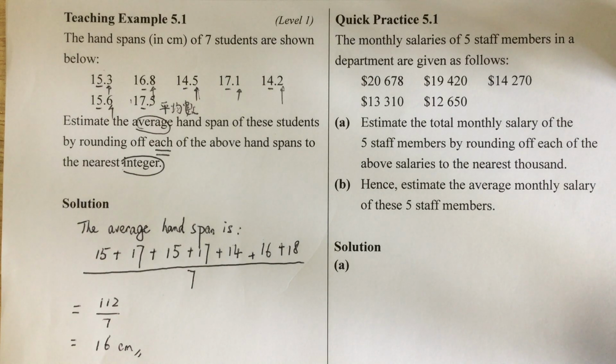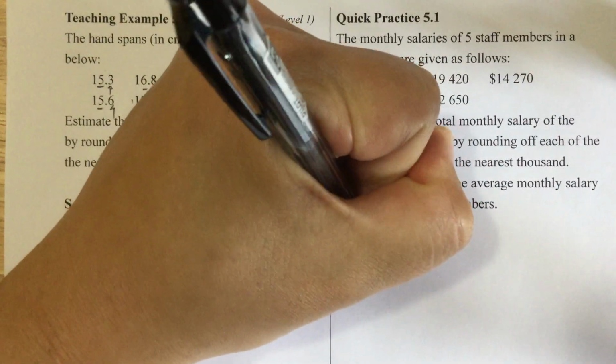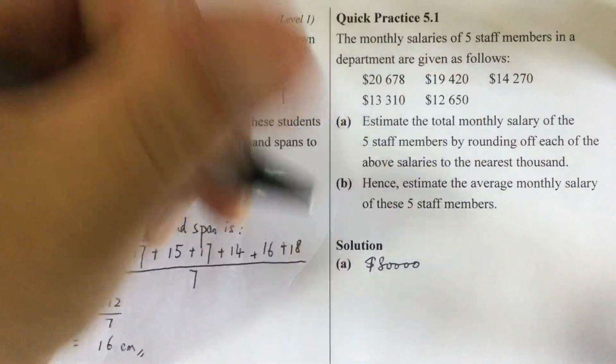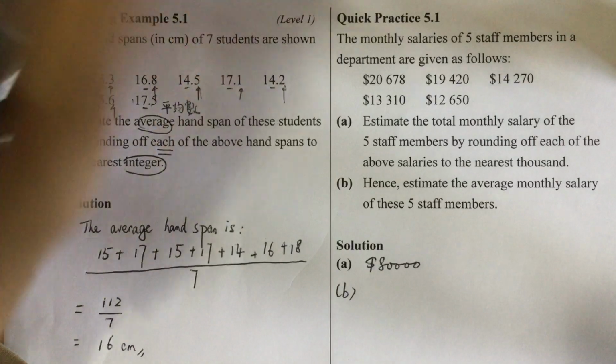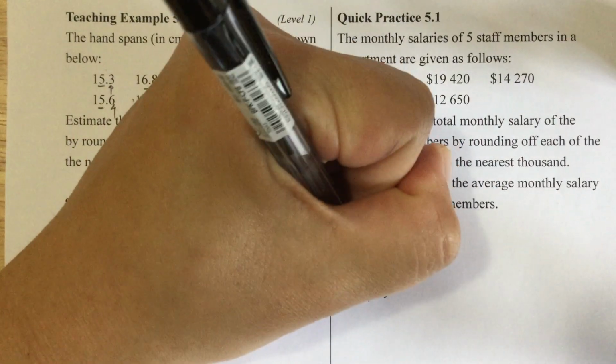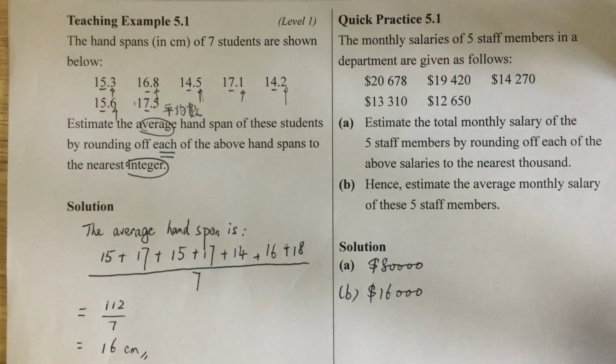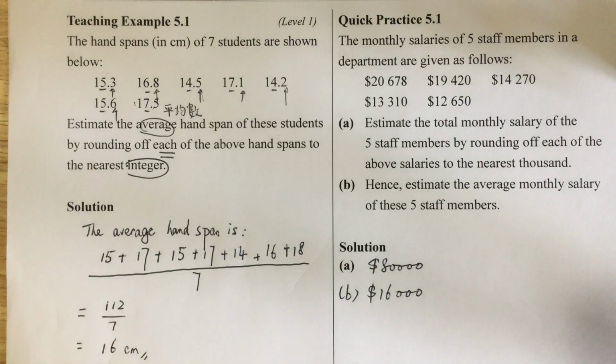Okay, for part A, the answer for this one is 80,000. For part B, this one is 16,000. So make sure that you know the correct answer for the quick practice 5.1.